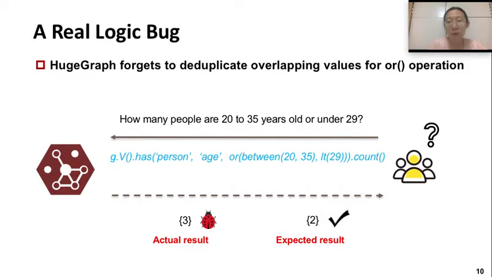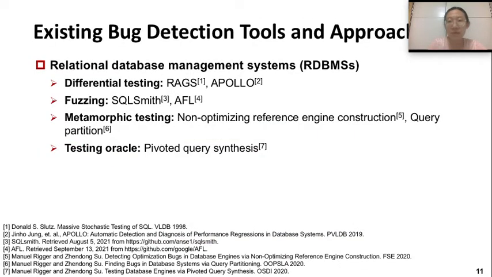There are many tools and approaches for detecting bugs in relational database management systems, also called RDBMS. For example, RAGS and Apollo utilize differential testing to detect bugs in RDBMS. SQLsmith and AFL generate random SQL queries for testing RDBMS.